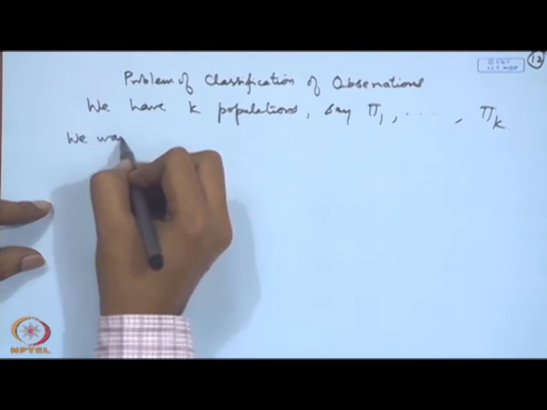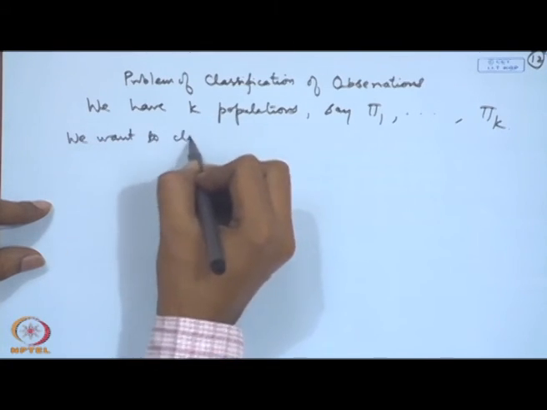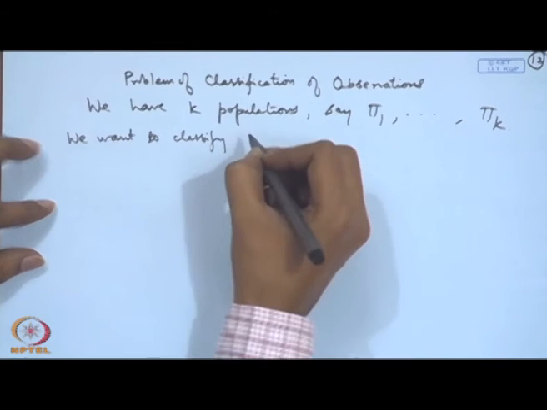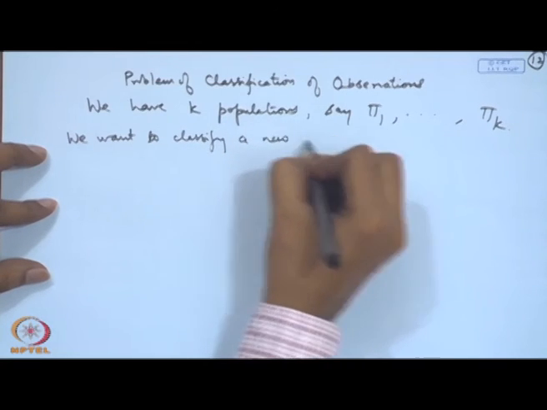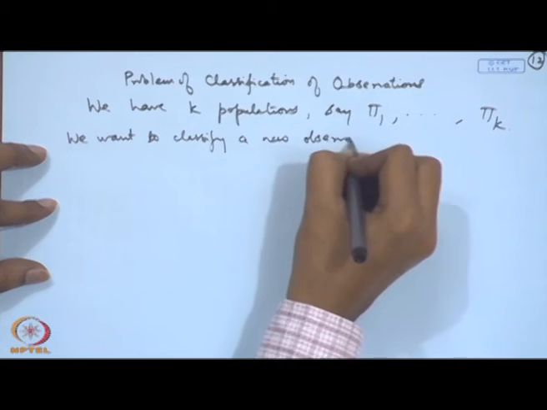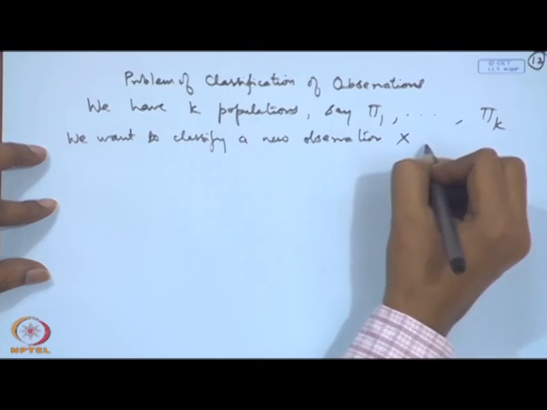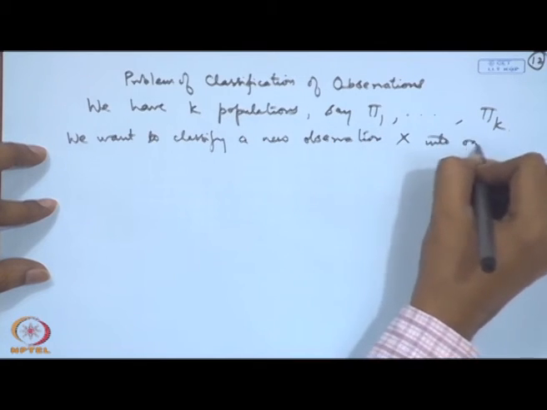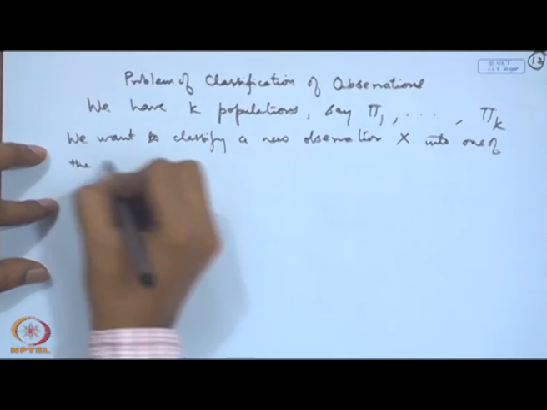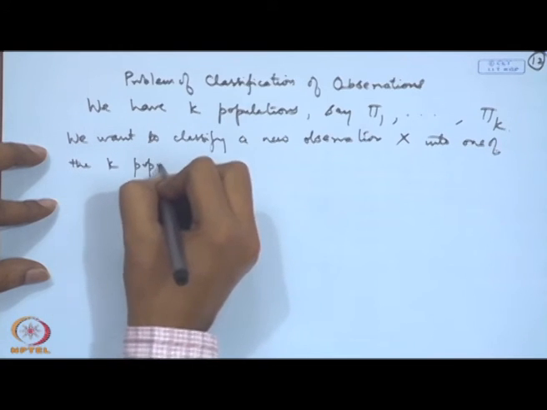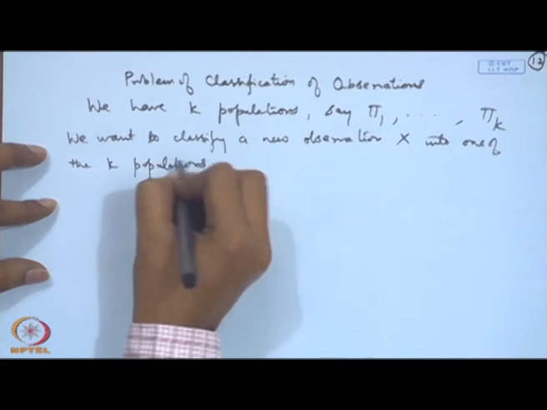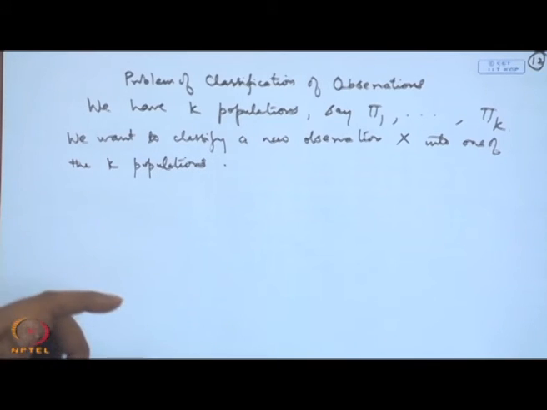We want to classify a new observation x into one of the k populations. So, broadly speaking, this is the problem of classification.